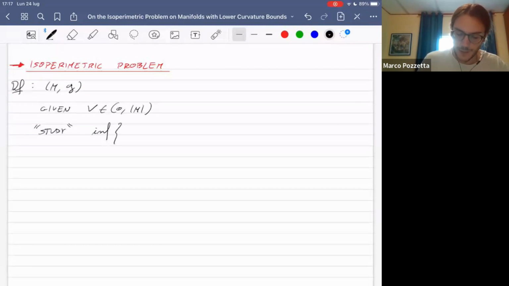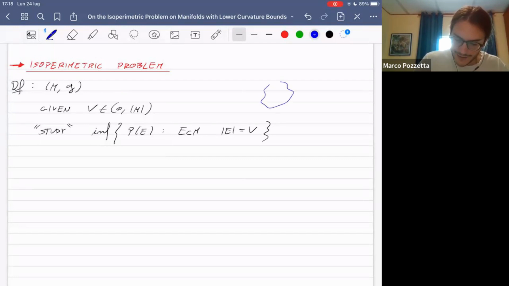So the following variational problem: I want to minimize the perimeter of E among subsets of M having fixed volume equal to V. So the very basic idea is the following. I assign some volume that my sets must contain, and the question is, is it possible to rearrange the mass of this set, giving you the least possible area of the boundary? That's the very basic question.